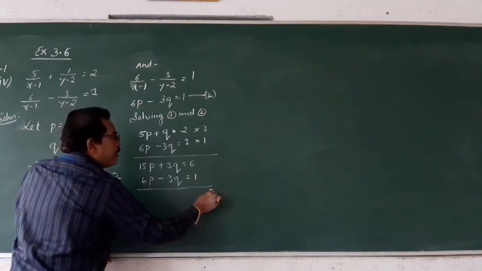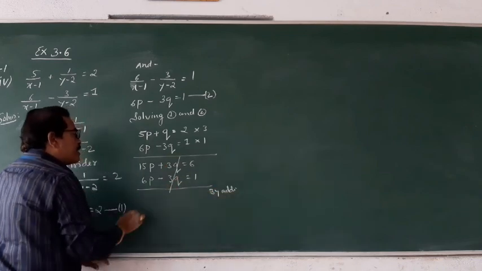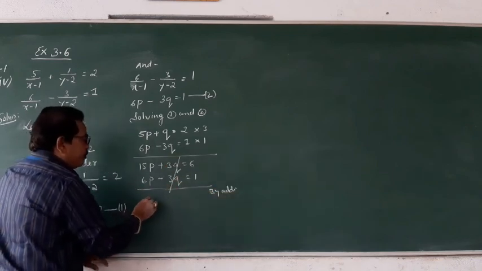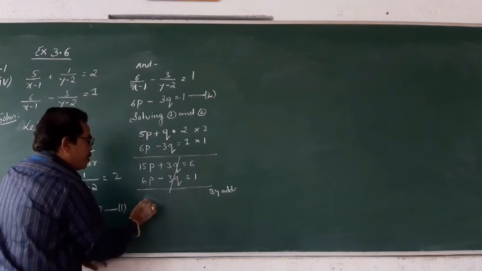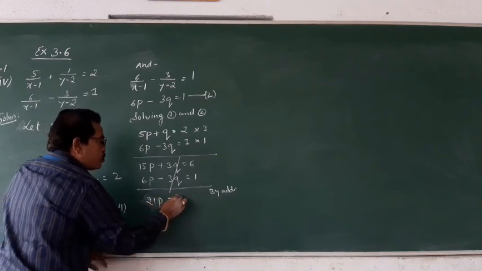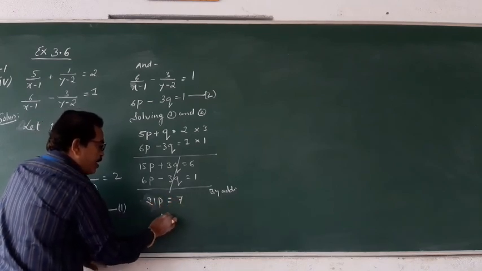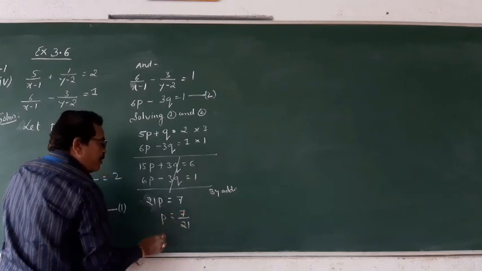By adding, 3q gets cancelled. 19p, sorry, 21p equals to 7.